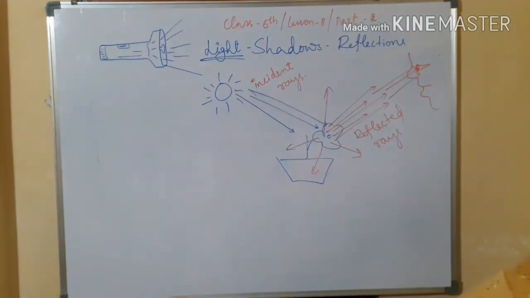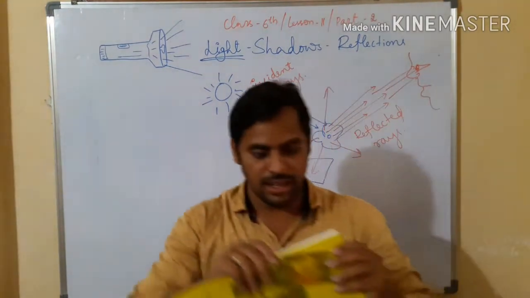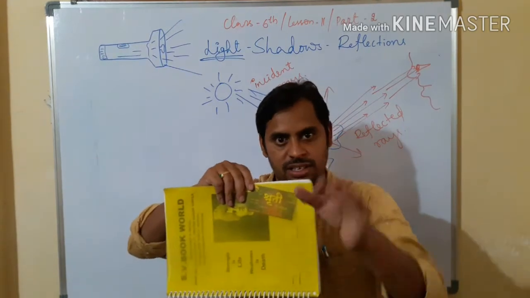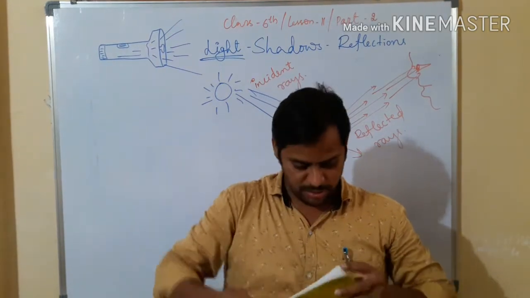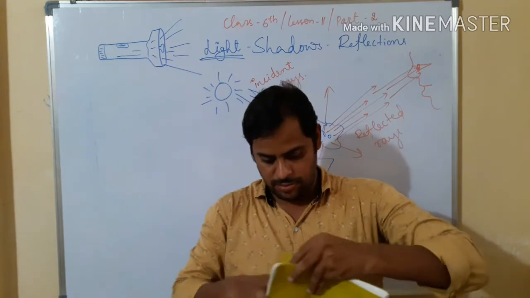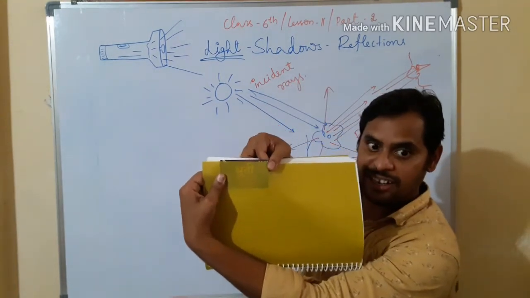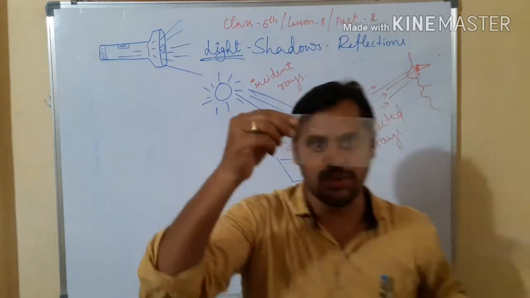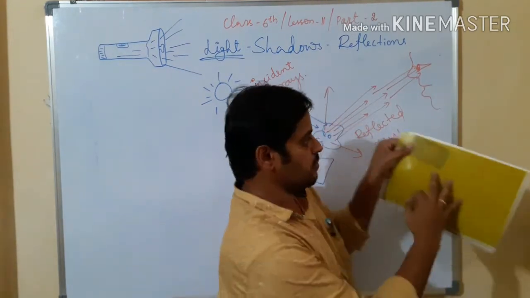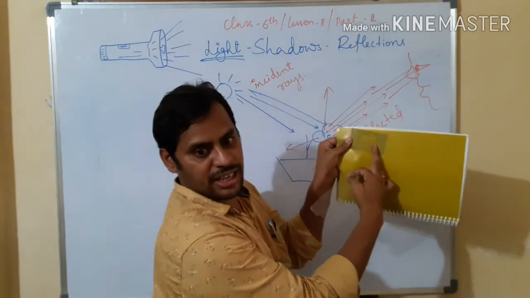Now, sorry, are you able to see this? Yes, but somewhat. Now, are you able to see this? No, not clear. So when I keep this one, you are able to see clearly. But from this, you are able to see clearly.